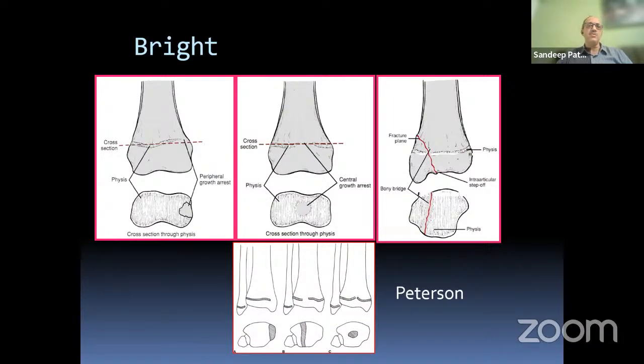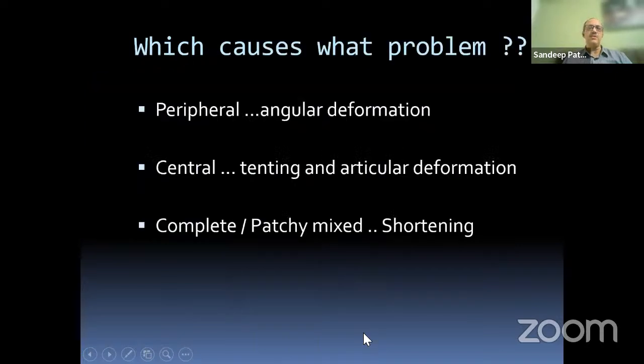A tomogram used to be a cross-sectional study, somewhat like a CT, where you got multiple views and then collated them to find out the nature of the growth arrest. These are historic images from Bright's paper and Peterson's work, where he described a peripheral bar, a central anteroposterior bar, or a central focal bar.